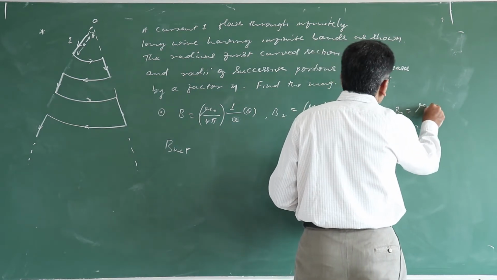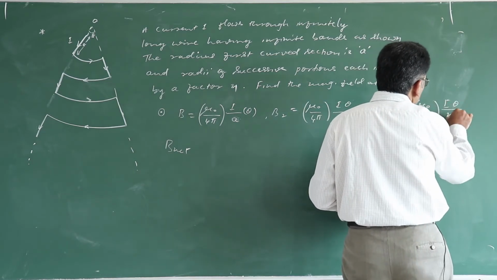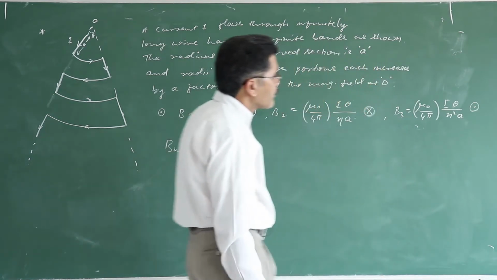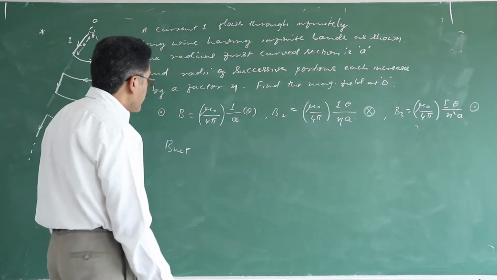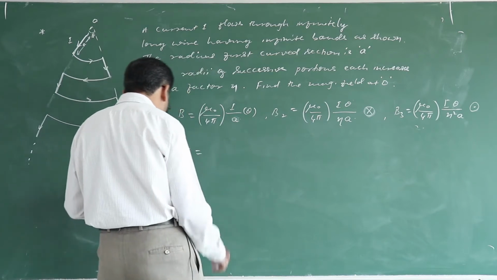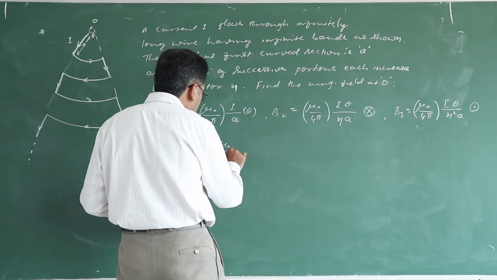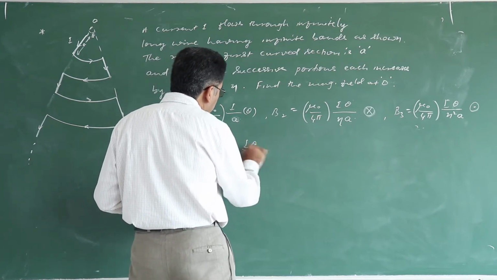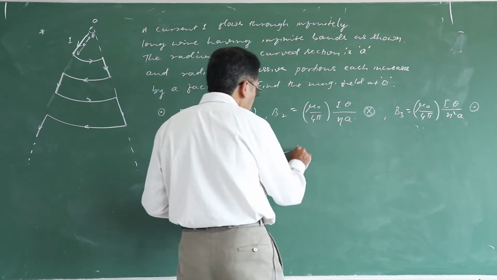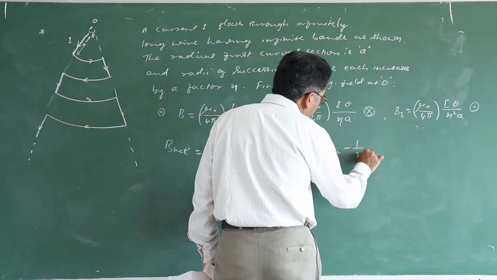B3 is mu naught by 4 pi I into theta by n square into A. It is perpendicular to the board and towards you, like this. Therefore the net magnetic field is given by the sum of all this. You just take out common 4 pi I theta divided by A. Here 1, next one minus 1 by n plus 1 by n square minus 1 by n cube, etc.